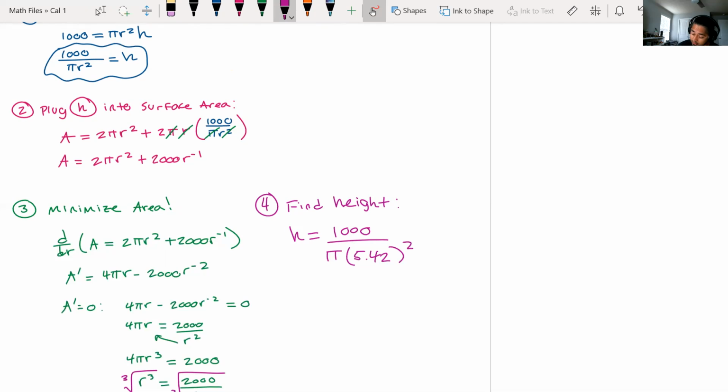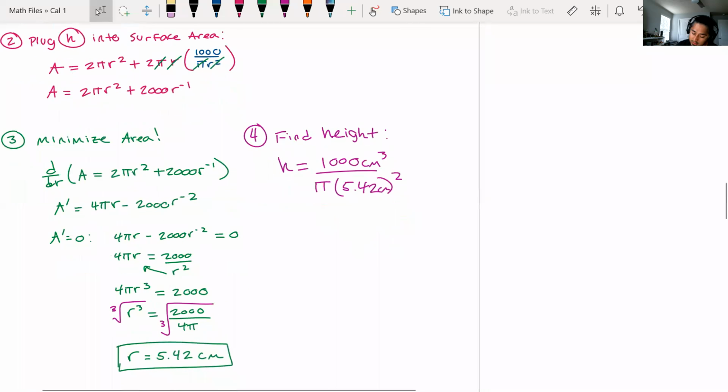And if we want to be proper, this is cubic centimeters, and that's just centimeters. And h is going to equal, just type that in, 1000 over pi times 5.42 squared. And we get that the height is going to be 10.84 centimeters.